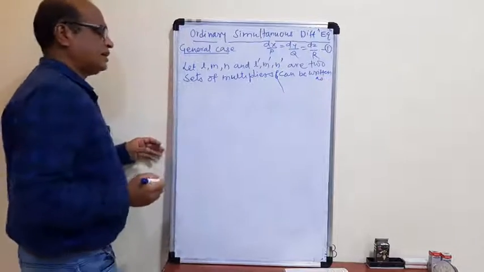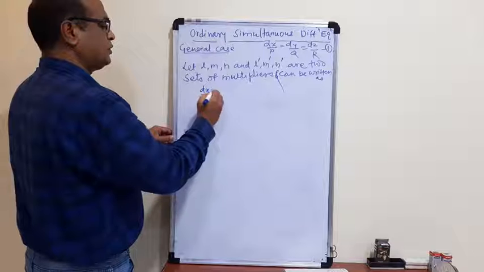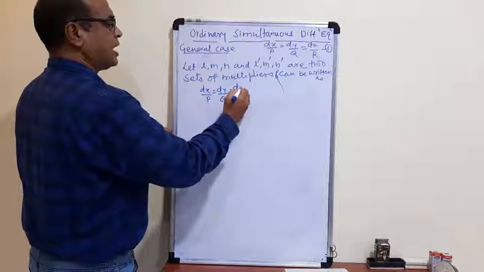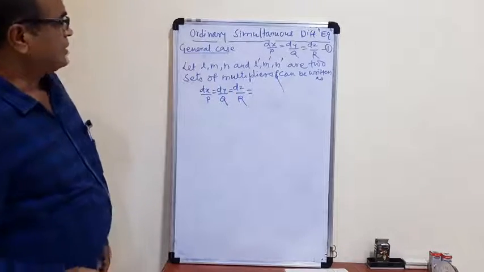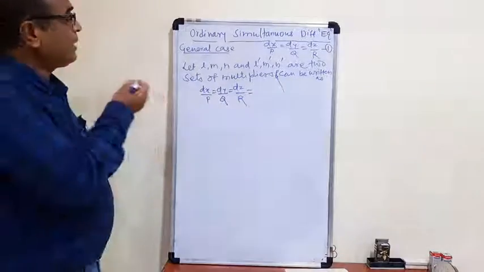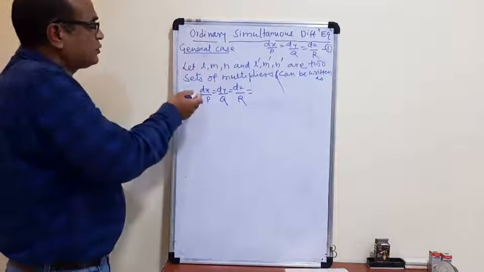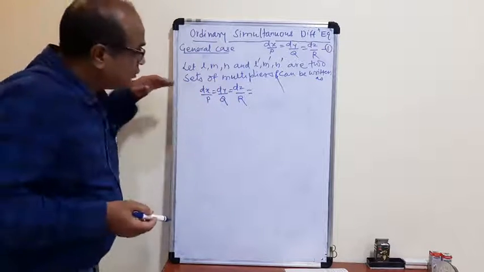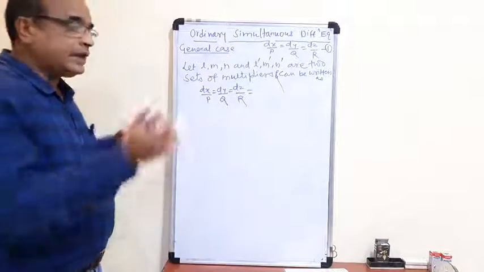Then what happened here? So dx upon P is equal to dy upon Q is equal to dz upon R can be written as follows. We take the first set of multipliers L, M, N, multiplying L, M, N to the numerators and L, M, N to the denominators and adding them.